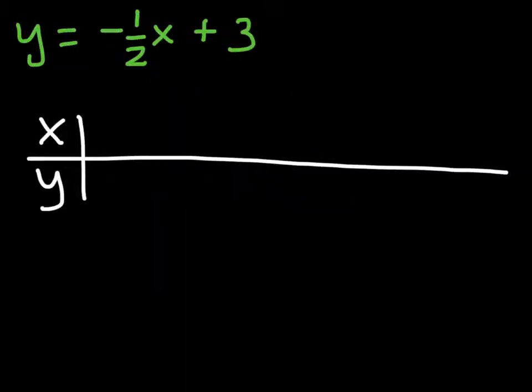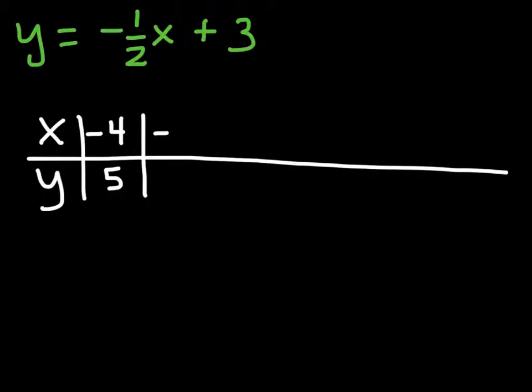All right, let's begin with our table of solutions. I'm going to use values of x that are multiples of 2 so that we get a whole number solution. So I'm going to start with -4 as our first value of x. If I substitute that into our original equation, my output value for y is 5.